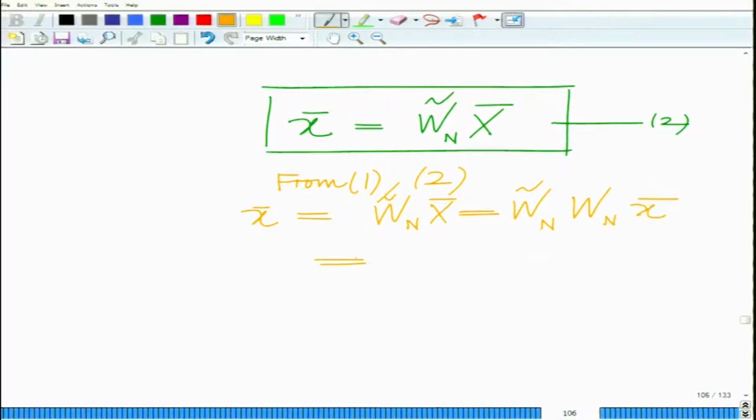So, we have x bar equals W N tilde into W N into x bar.